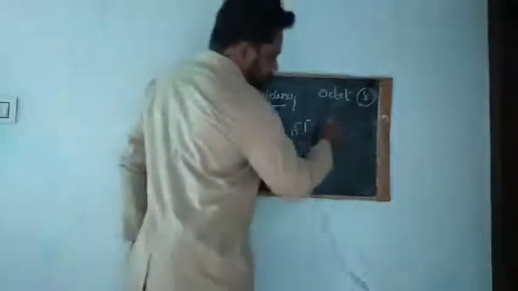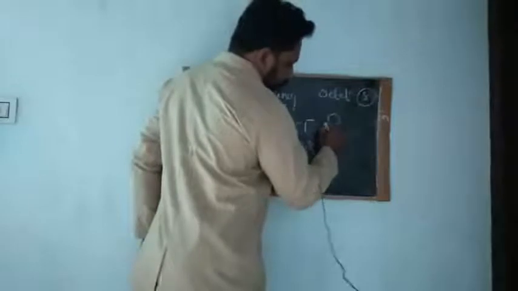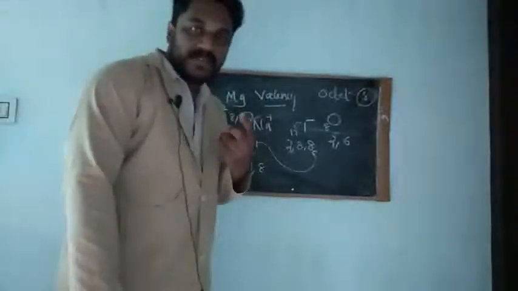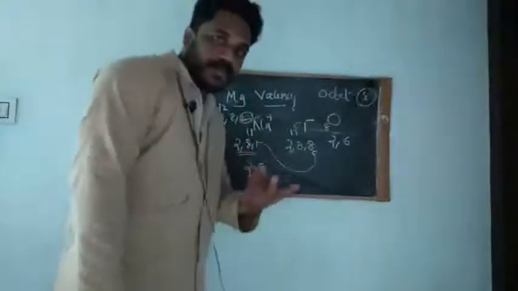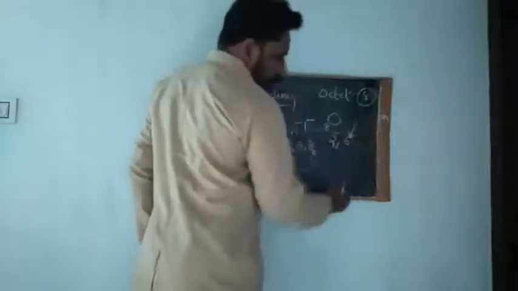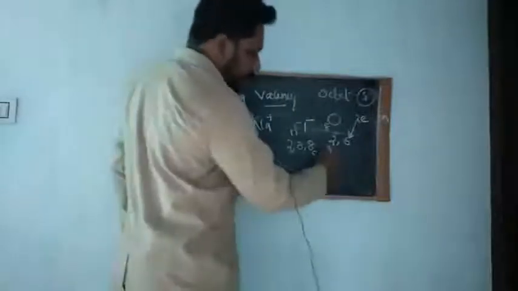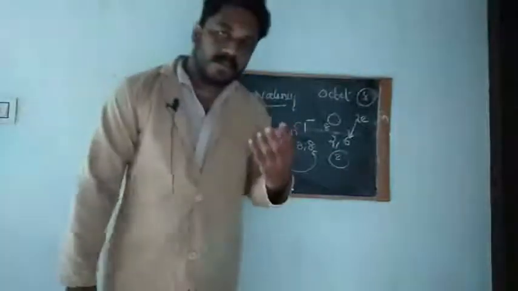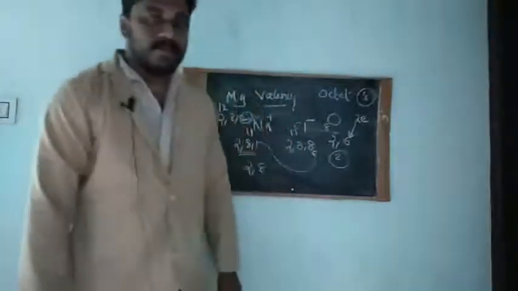Next one, oxygen: atomic number is 8, electronic configuration is 2,6. It requires 2 more electrons to attain an octet, so it will accept 2 electrons, and the valency of oxygen is 2. So that's how we calculate the valency of an element.